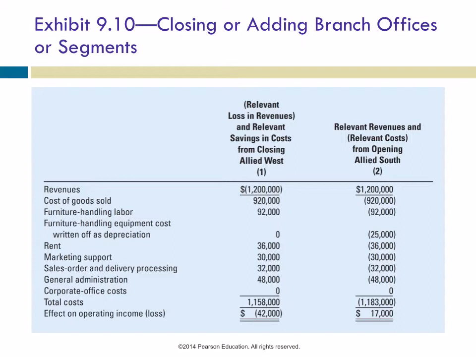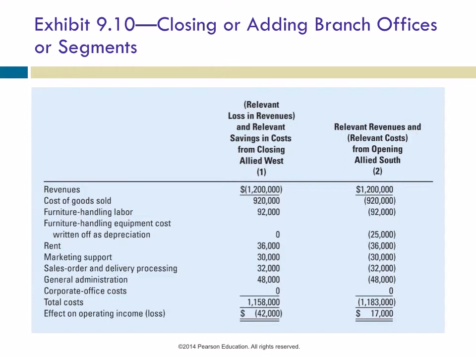Versus number 2 there, opening another branch, we look down at the overall effect that it has on income, and that's a gain. I don't want to say a huge gain, but a sizable gain at least. So, $17,000.